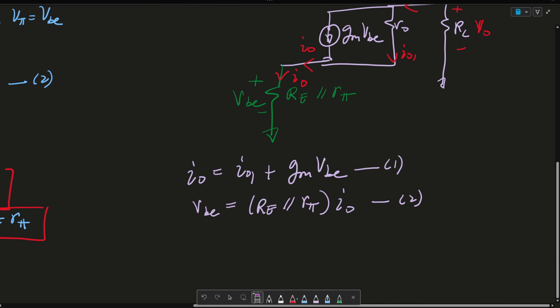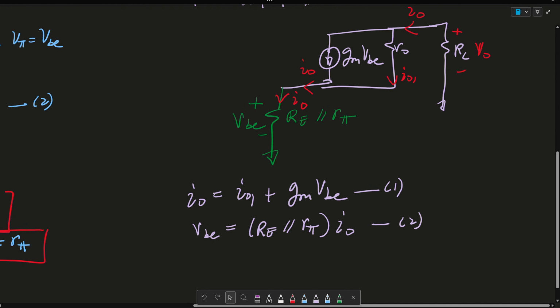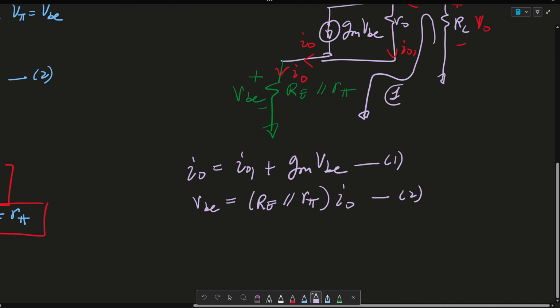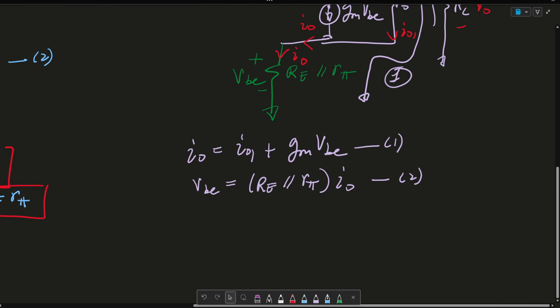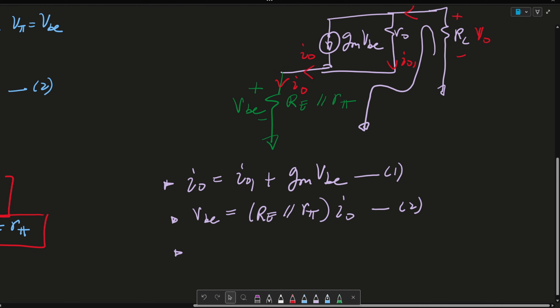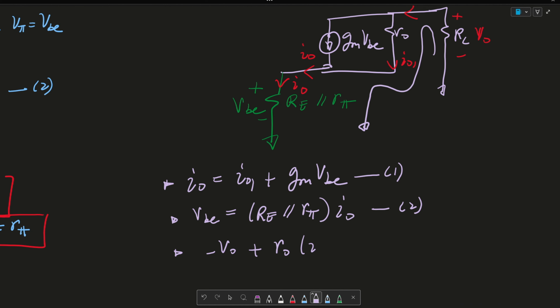And for my last equation, I'm going to write a KVL in this loop. Okay. So loop 1, or I'll just label that this loop, and then I'm going to write, so it's minus V out plus RO times IO minus GM VBE.